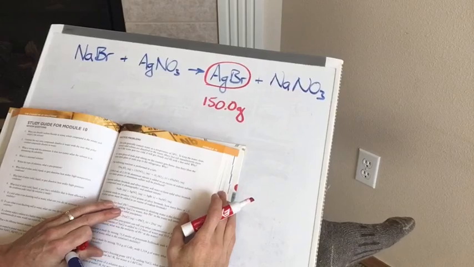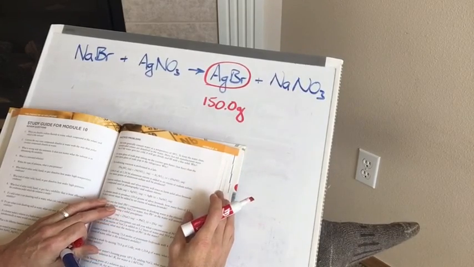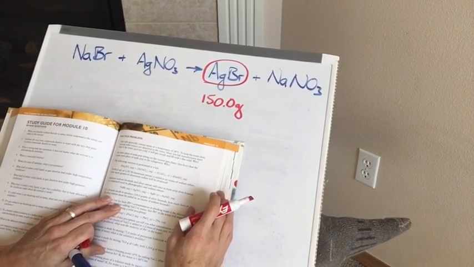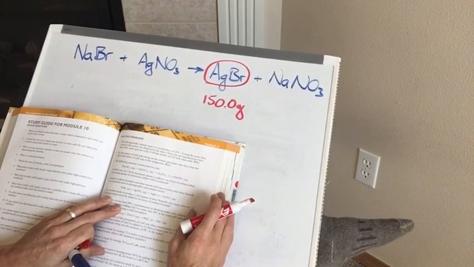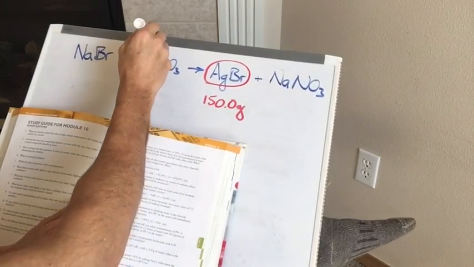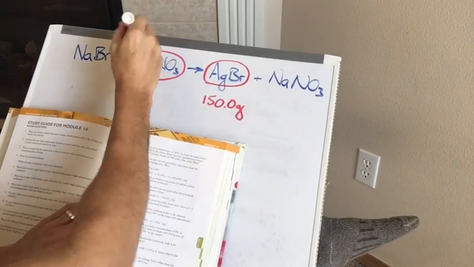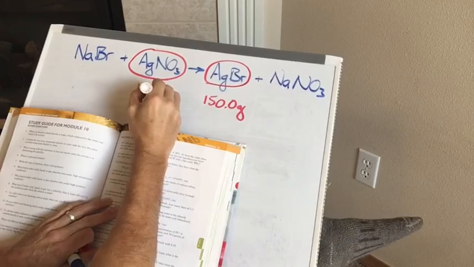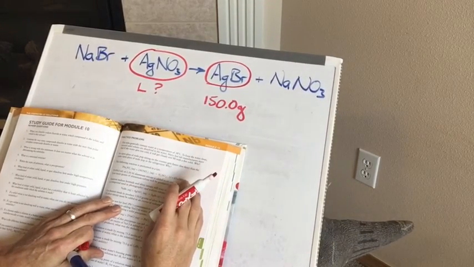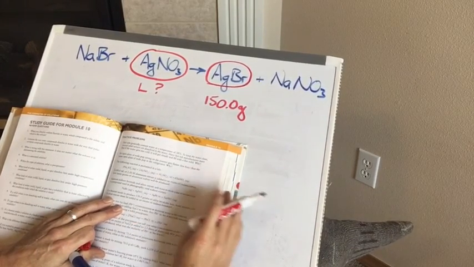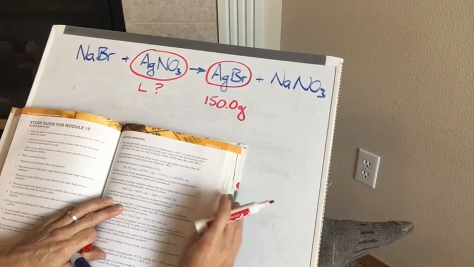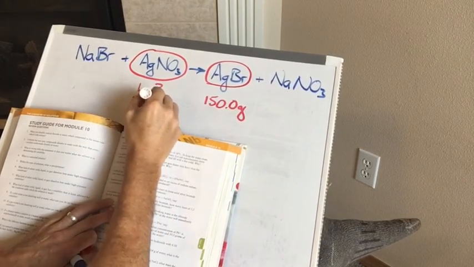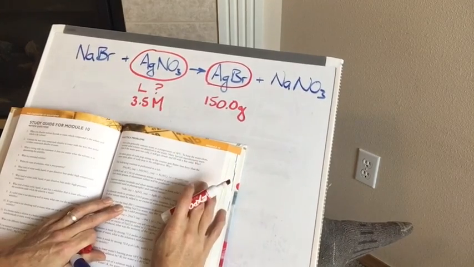How many liters of 3.5 molar silver nitrate? This is silver nitrate. We're given information about silver nitrate. We don't know liters. That's the question, that's what we're shooting for. But we do know that we have 3.5 molars of silver nitrate.